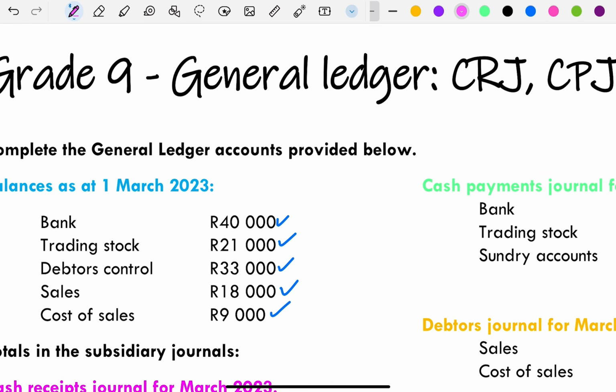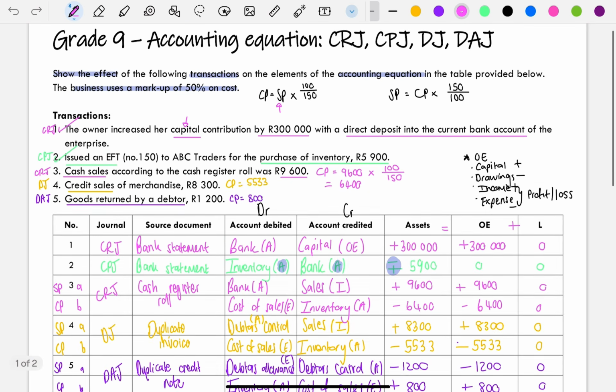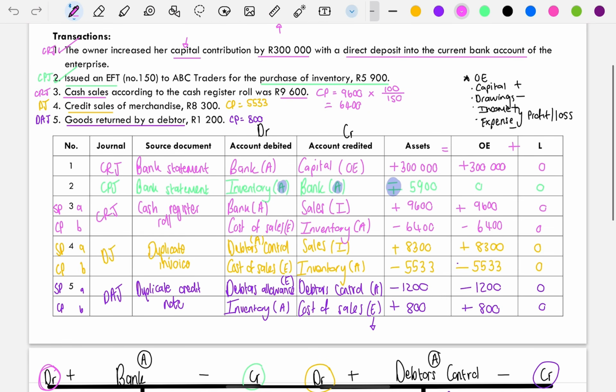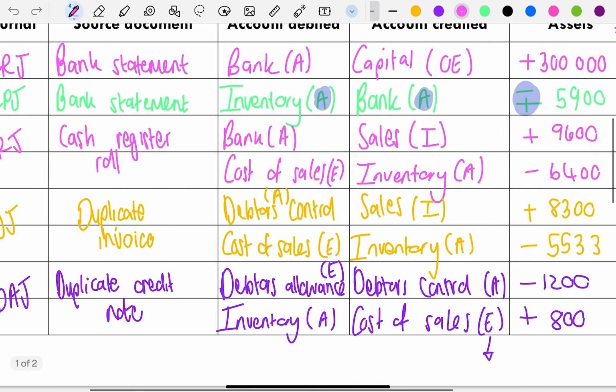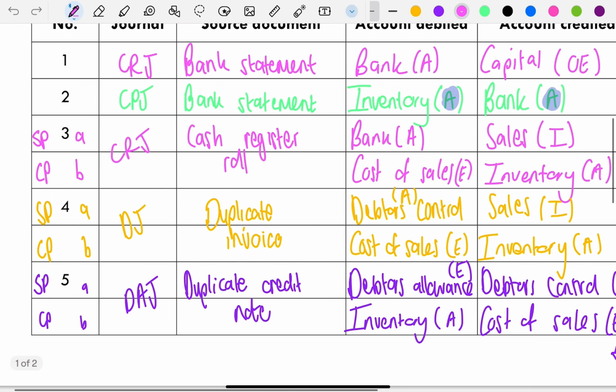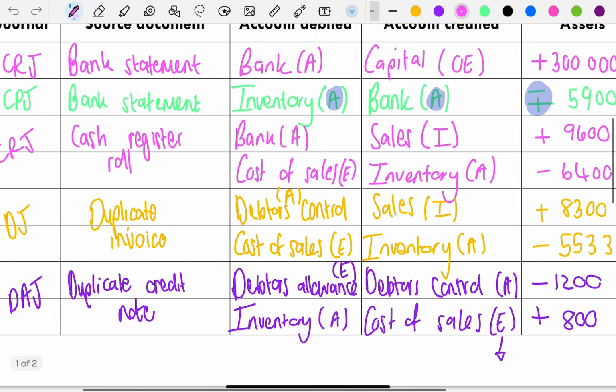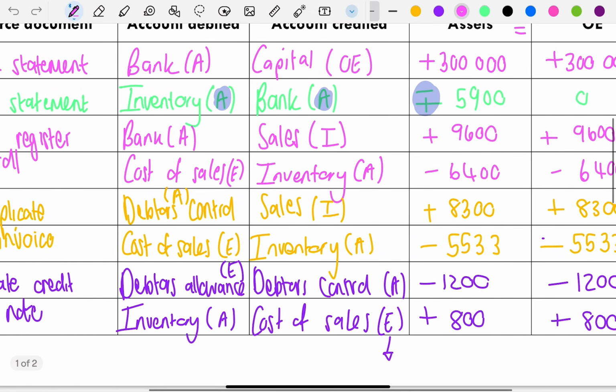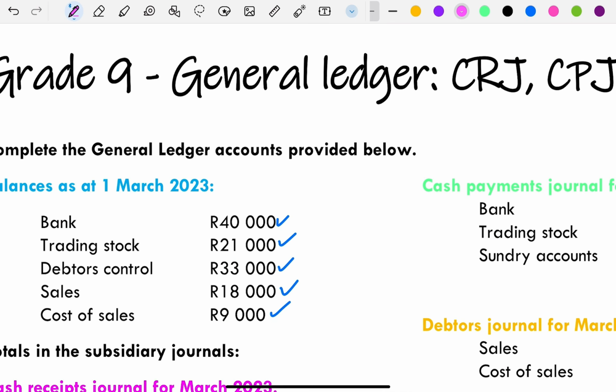And again, this is very much in agreement with what I've done over here, where we said with transaction 3, we had a cash sales transaction. Our bank was debit, our sales was credit, and our cost of sales and inventory, which is trading stock, also went together.